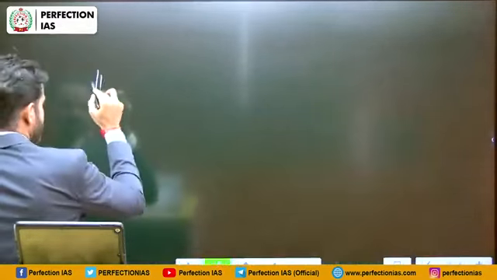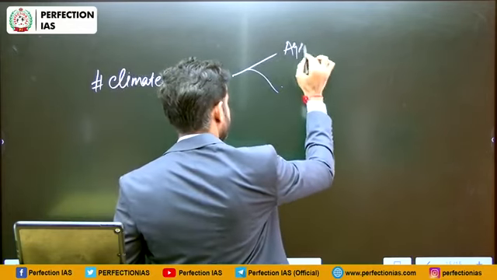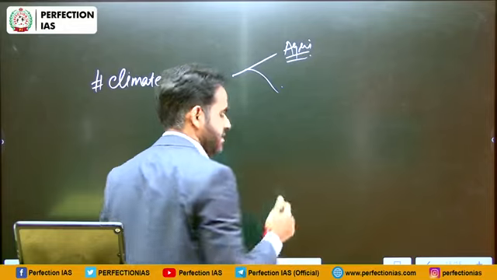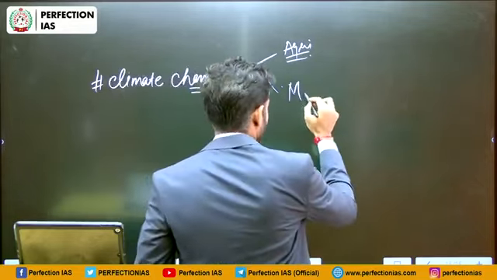Apart from that, climate change is another factor that is responsible for poverty. Again, it may have adverse impact on agriculture. That means because of climate change, agricultural productivity will decline. It may also lead to migration.